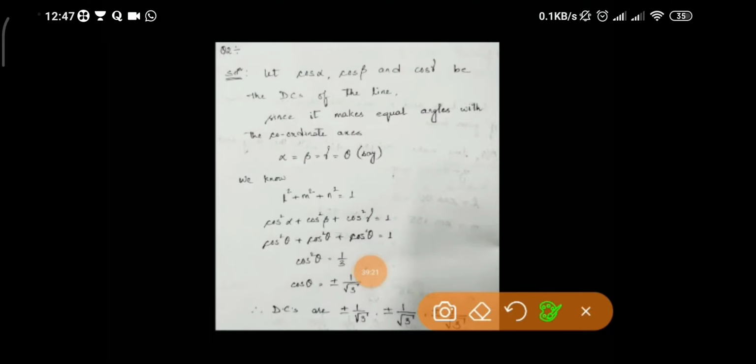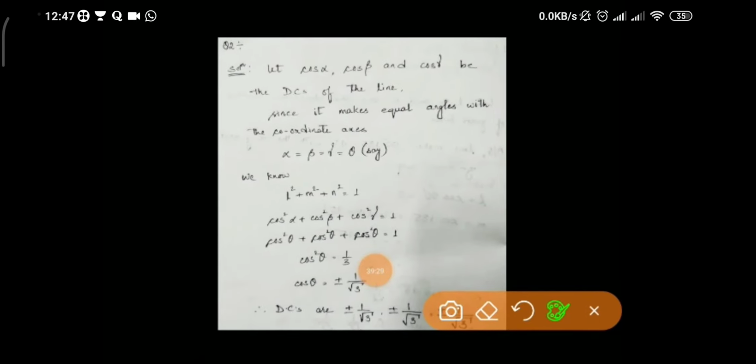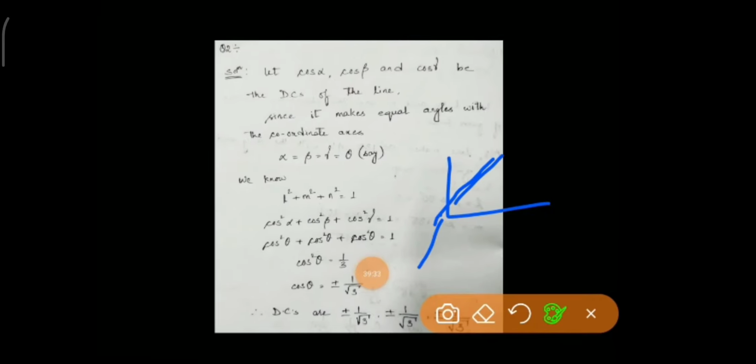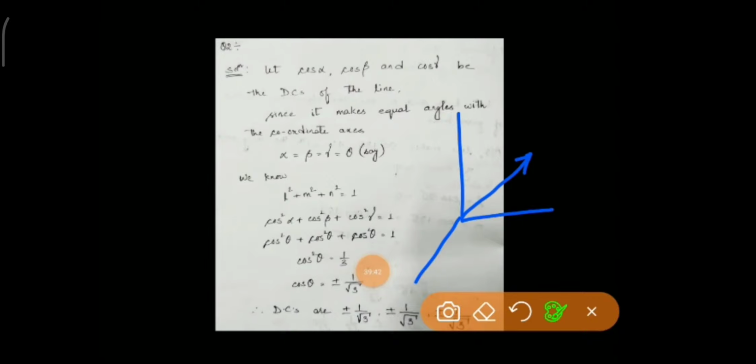Now question number 2 says, find the direction cosines of the line which makes equal angle with the coordinate axes. Now we have coordinate axes like this, and a line which is making equal angle here, here and here.